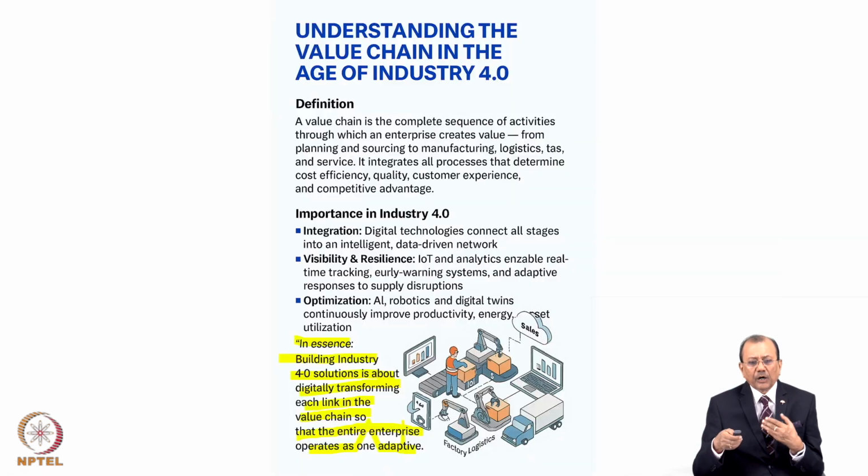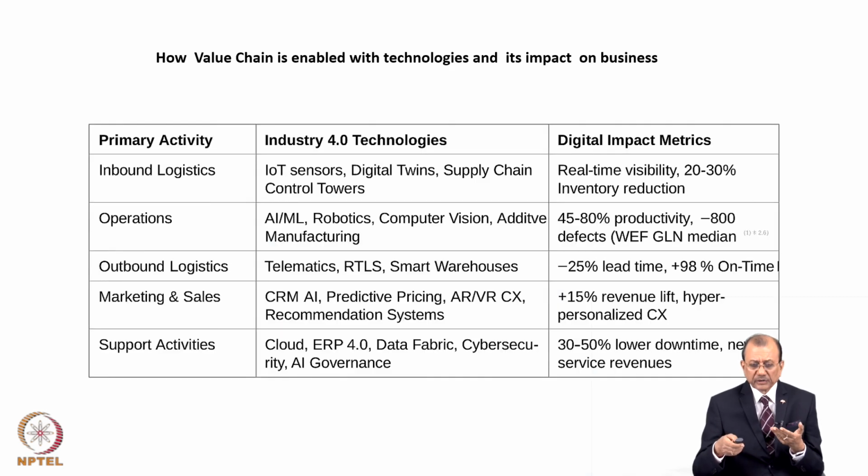Now how do we apply that? Let us see with the help of a few examples. In this slide, I am showing that each of the primary activities shown in Michael Porter's value chain model is mapped to Industry 4.0 technologies. These are some indicative technologies. It may differ case to case and industry to industry.